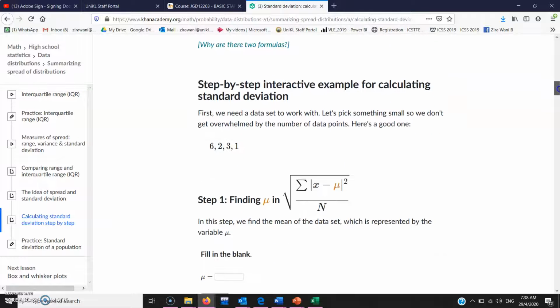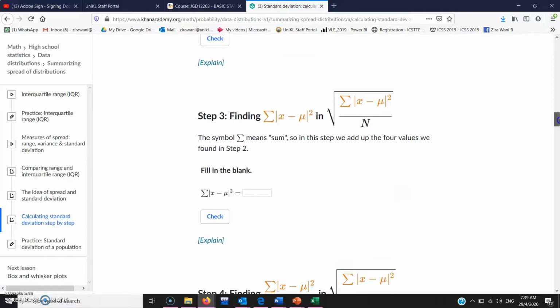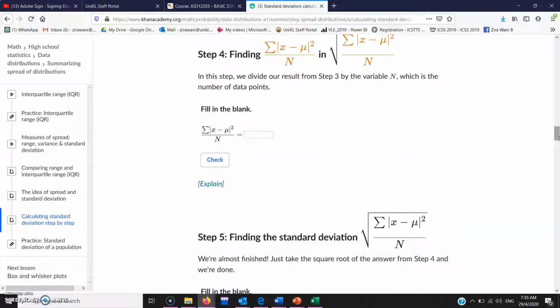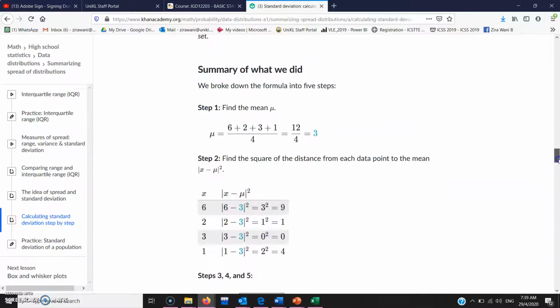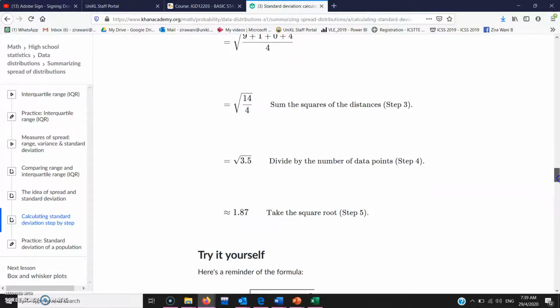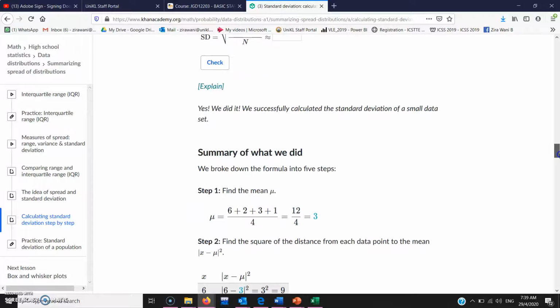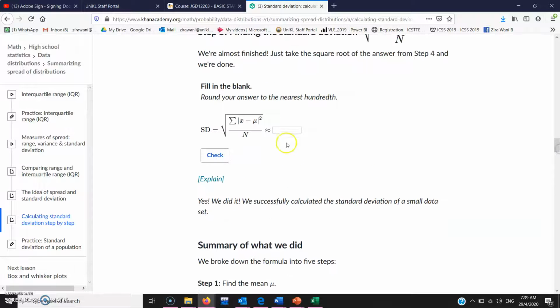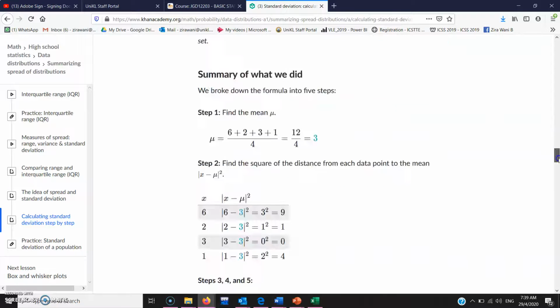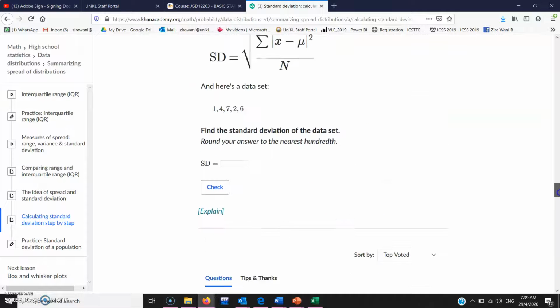Then you can scroll down the data. This is an example that you can use. Then you can practice it using the space to fill in the blanks here. Then you can check whether your result is correct or not.